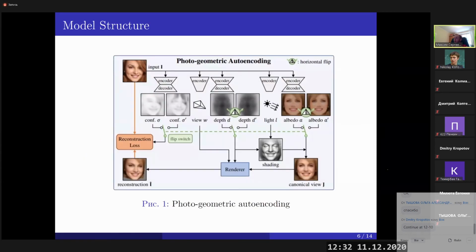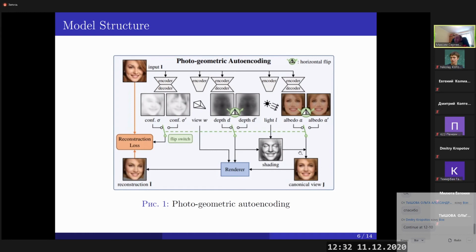I think it will be clearer on the picture. As an input, we take a 2D image. Then we recover, with an encoder-decoder-like structure, the depth map, albedo map, lighting vector, and viewpoint transformation.